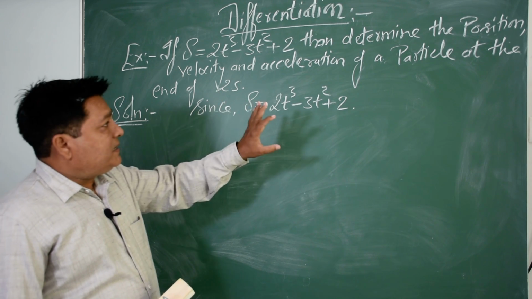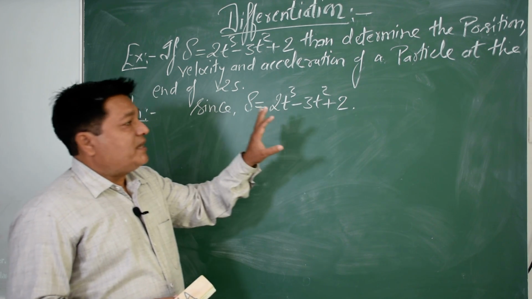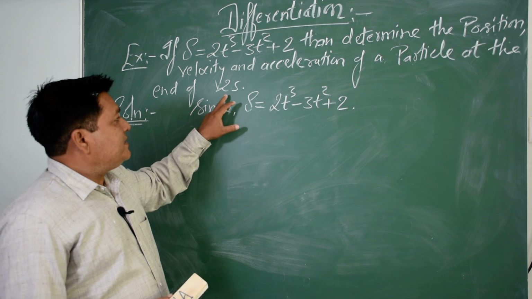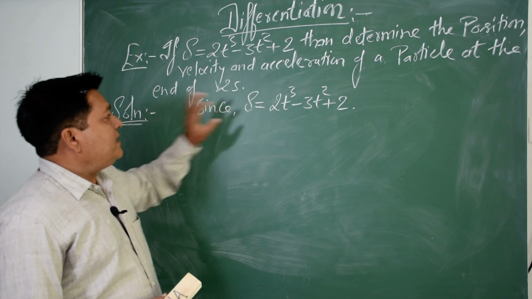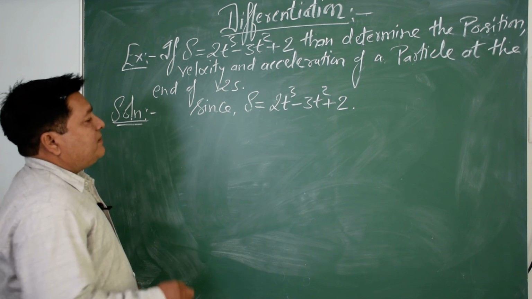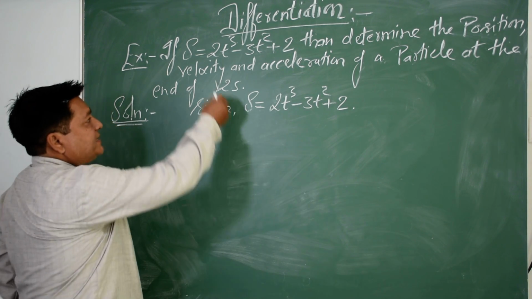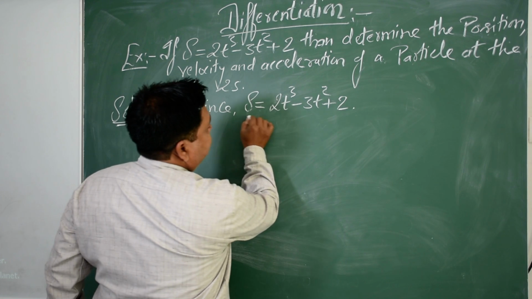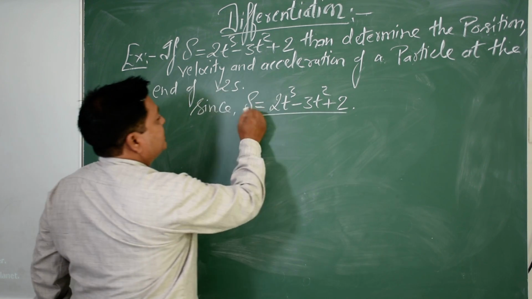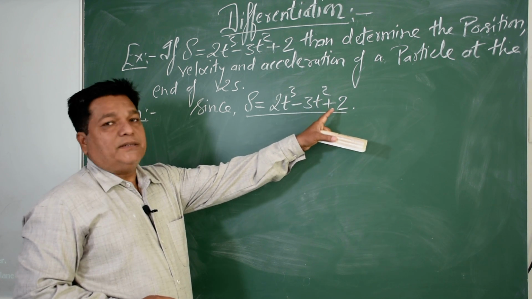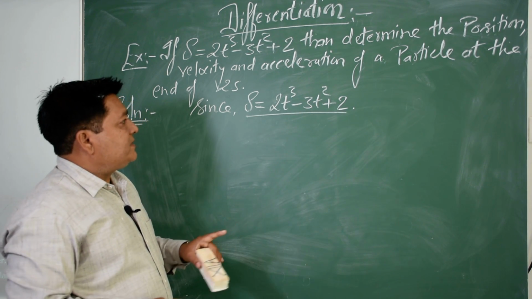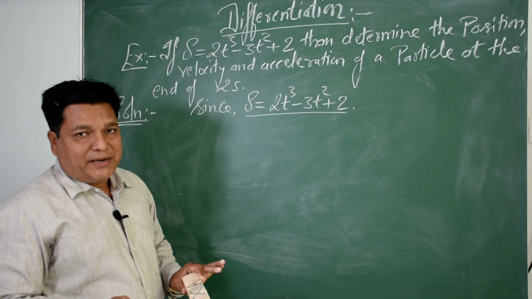We measure the displacement, position in meter and time in second here. So since displacement is given to us, s is equal to 2t to the power 3 minus 3t square plus 2. According to this, we have to find first the position of a particle.